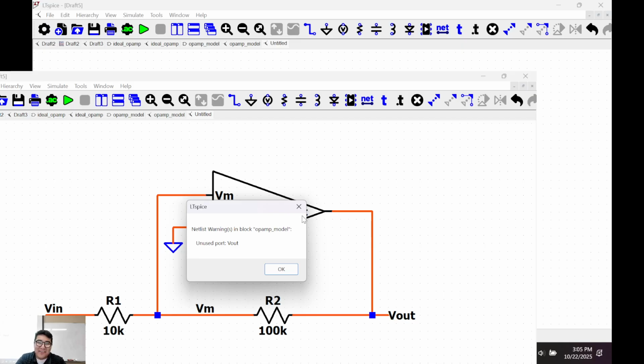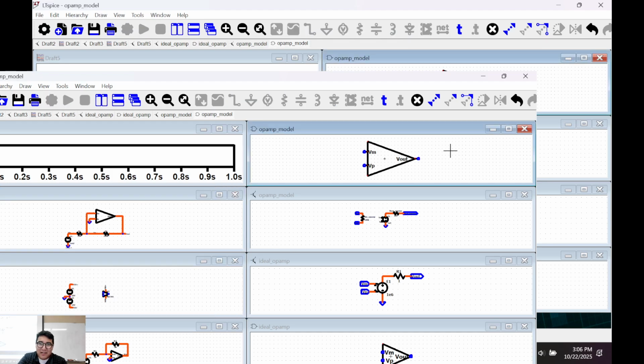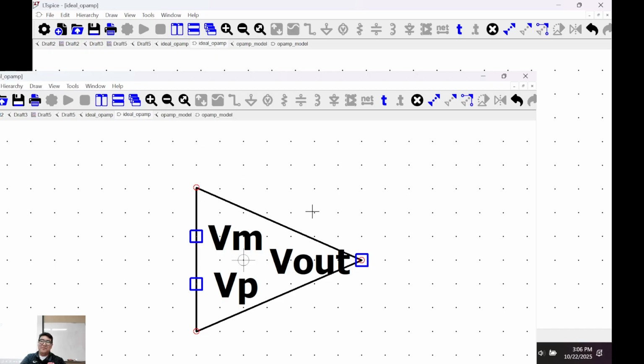Unused port V out. What did I do? That's our op amp model. Oh, guess what? Because I called it V out op amp, I have to create that in the actual symbol.